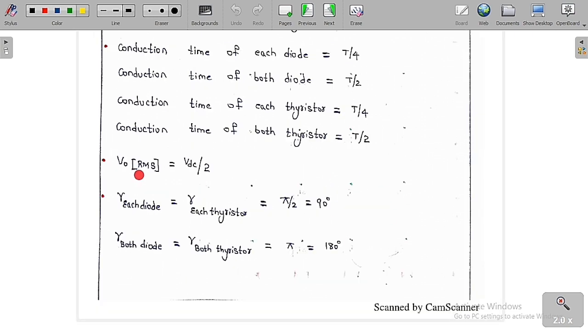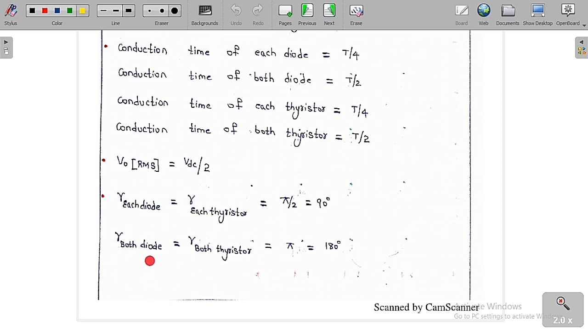So we can say clearly that the RMS value of the output voltage is equal to the peak value, which is VDC by 2. Whereas the conduction angle of each diode is equal to the conduction angle of each switch, which is pi by 2, which is 90 degree. Simply, the conduction angle of each diode is equal to the conduction angle of each thyristor, which is pi by 2, equal to 90 degree.